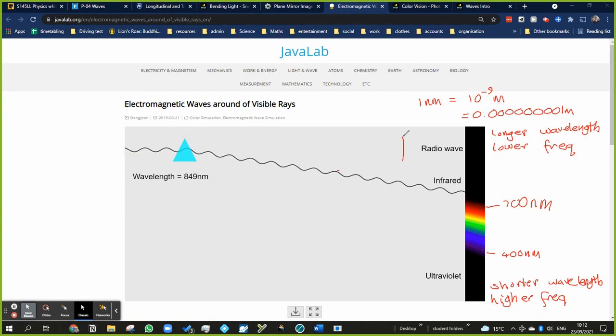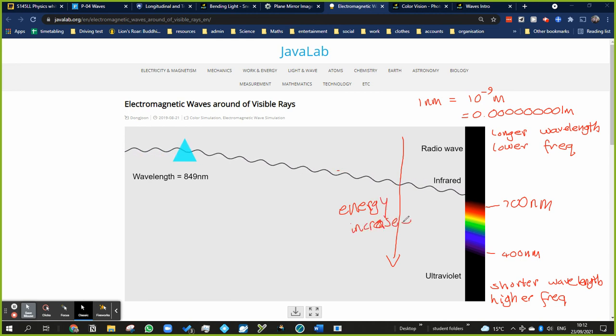As you go from the top to the bottom, the energy of the wave increases. So radio waves don't have much energy. Gamma rays down at the bottom here have loads of energy. I'll just finish this here.